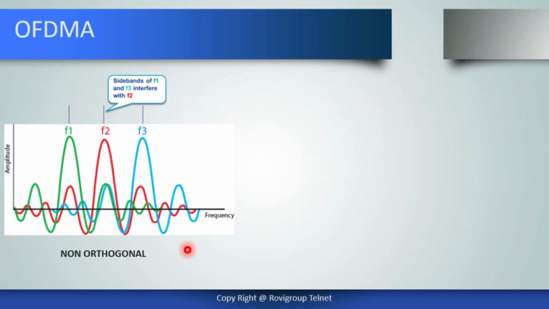In this slide, you can see a set of non-orthogonal frequencies, f1, f2 and f3. This point is the center frequency of f1. At this center frequency you can see an overlapping of the sideband of f2. Similarly, you can see an overlapping of the sidebands of f1 and f3 at the center frequency of f2, and the same is the case for f3.